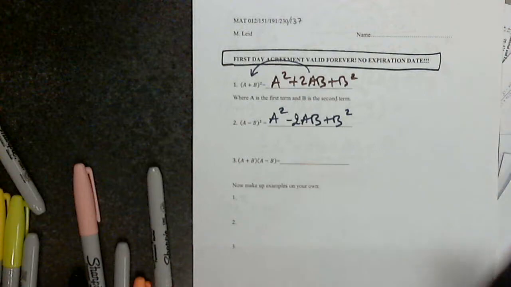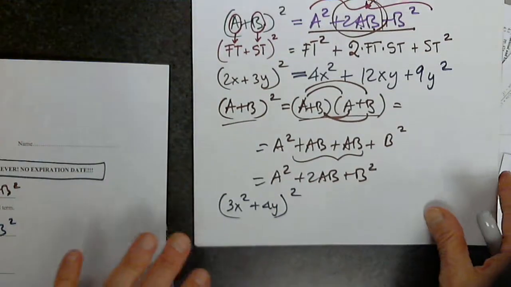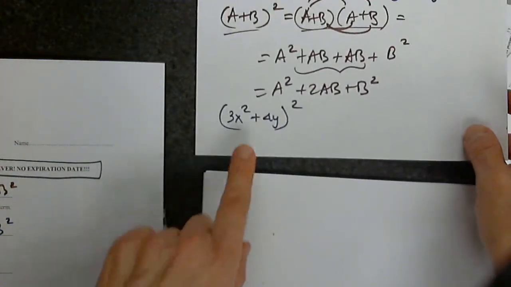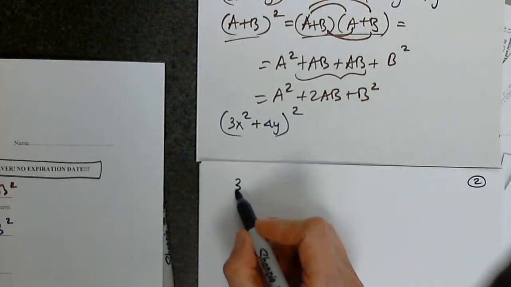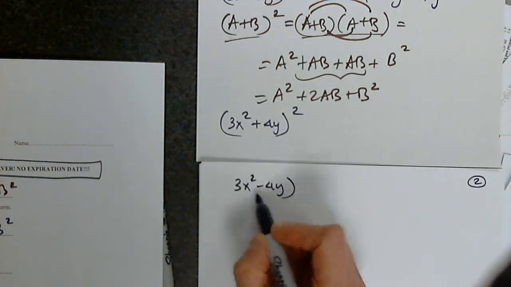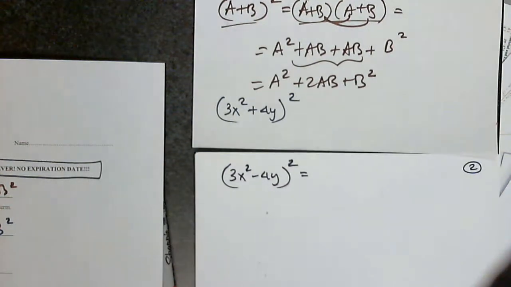Very good. So can anyone give us an example? Let's do this one with minus. 3x squared minus 4y, everything squared. Remember the tune now. The first term squared.